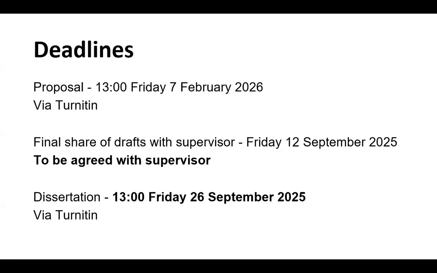I am of the view that things are actually a bit more messy than that. So you will negotiate with your supervisor, but our recommended final date to share a draft with your supervisor is the 12th of September. That gives time for your supervisor to give feedback and for you to action that feedback. But you can agree this with your supervisor. This is a flexible date.